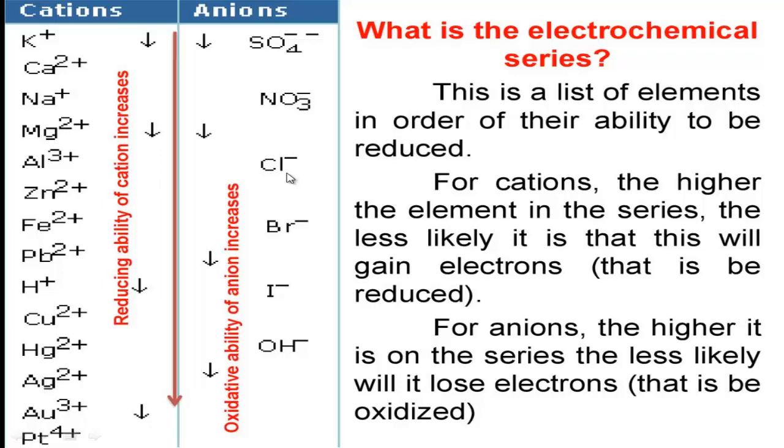Because the concentration of chloride ion is more. For this, chloride is oxidized. And on the other side, between sodium ion and hydrogen ion, the position of hydrogen ion is lower. For this, hydrogen ion is reduced first in the cathode and produces hydrogen gas.